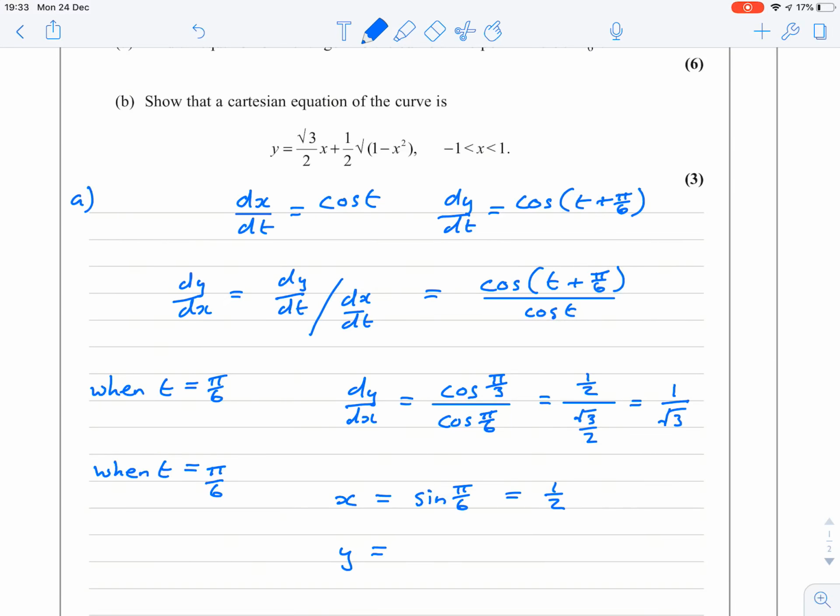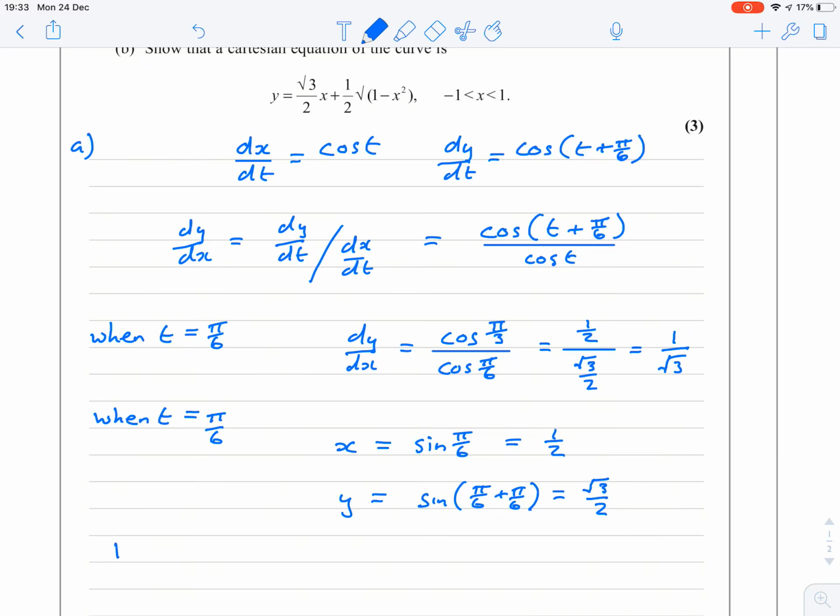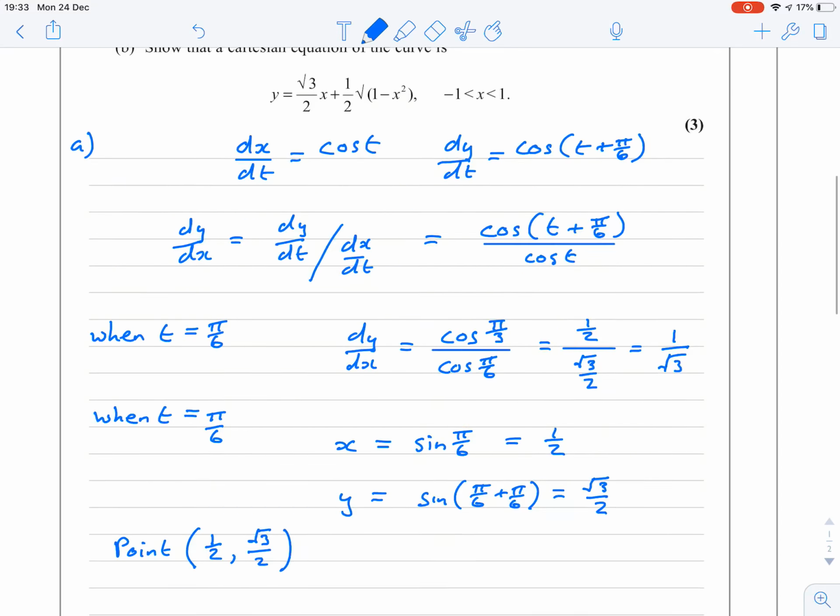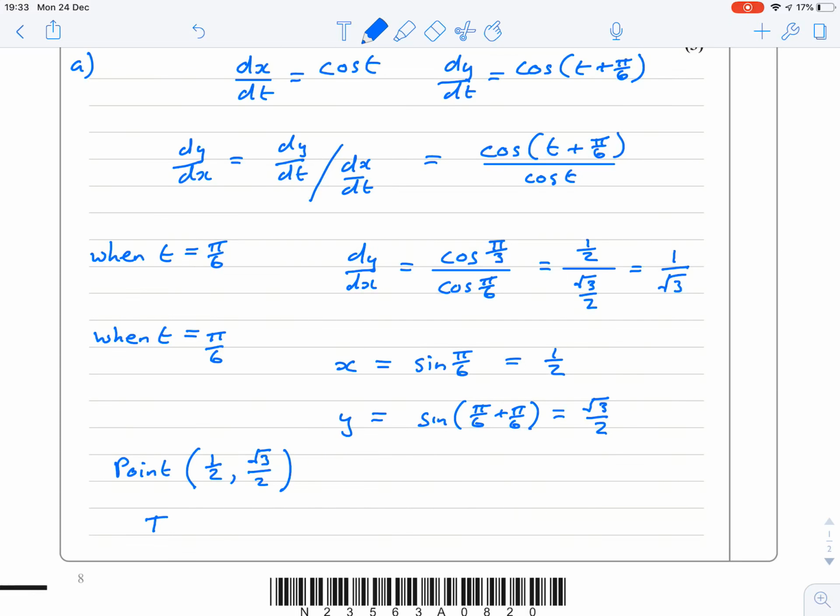Y is equal to sine of (pi by 6 plus pi by 6), which is sine pi by 3, and that is root 3 over 2. So the point at which we want the tangent has coordinates x is a half and y is root 3 over 2. So let's find the tangent.